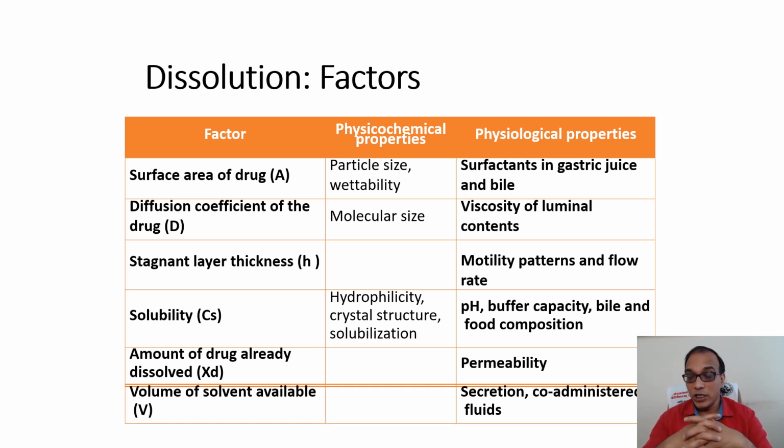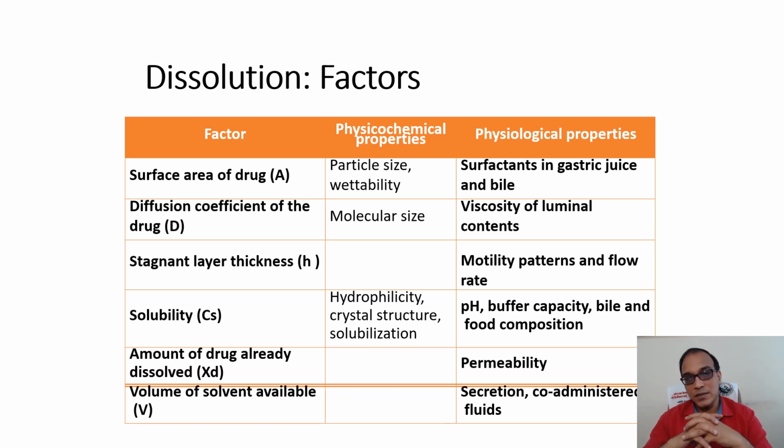Stagnant layer thickness. Okay, the motility pattern and flow rate can modulate the stagnant layer thickness, while the saturation solubility, we are talking about hydrophilicity, crystal structure, solubilization, they affect this solubility. pH, buffer capacity, bile and food compositions, they affect this solubility.